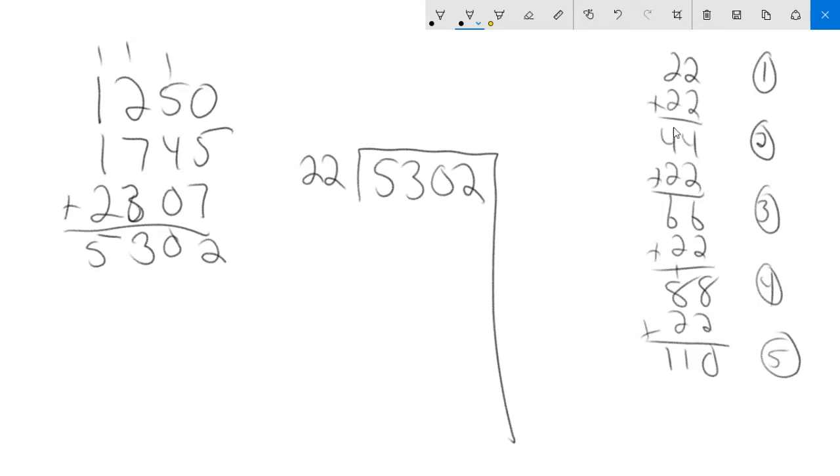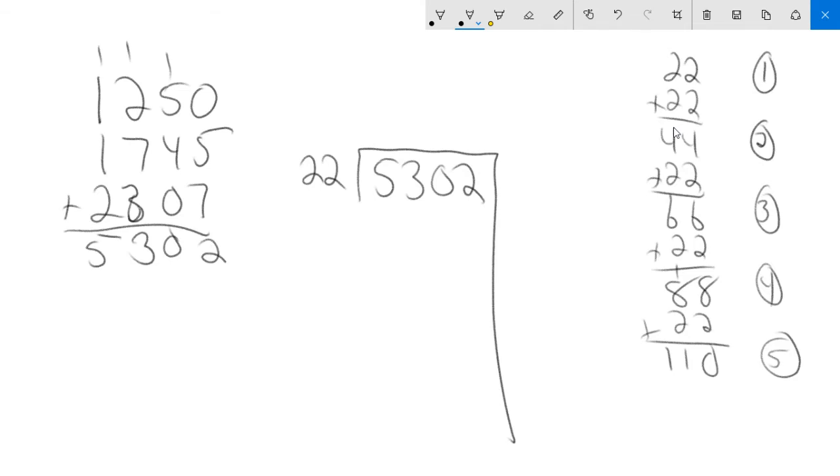So I'm looking at this 22 and I'm trying to figure out what I can multiply it by to get up to these numbers. And I'd like to multiply by the largest number possible, okay? Yeah, I could multiply it by 2 and say 44, and I could subtract 44. And I could do that over and over again.